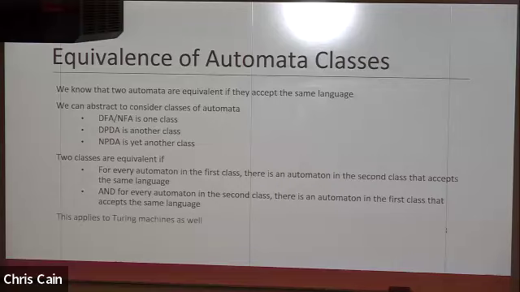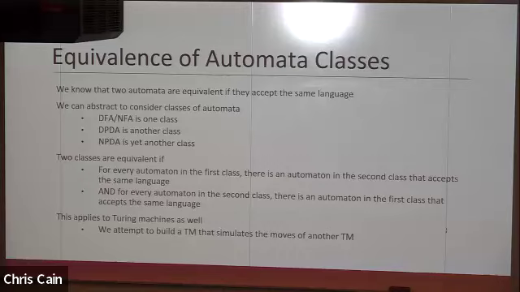But we can do exactly the same thing for Turing machines and for different ways that we could modify Turing machines. So what we're going to do is build a Turing machine that simulates the moves of another Turing machine as a way of emulating this idea.